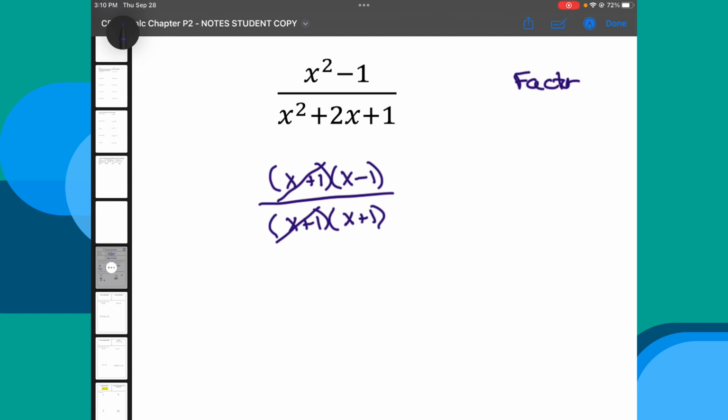When I have those binomials over each other, it's equal to 1, so they cancel out. So here's my answer, sorry. And then for my denominator, the binomials are the same, so I only need to set one of them equal to 0. So x cannot equal -1.